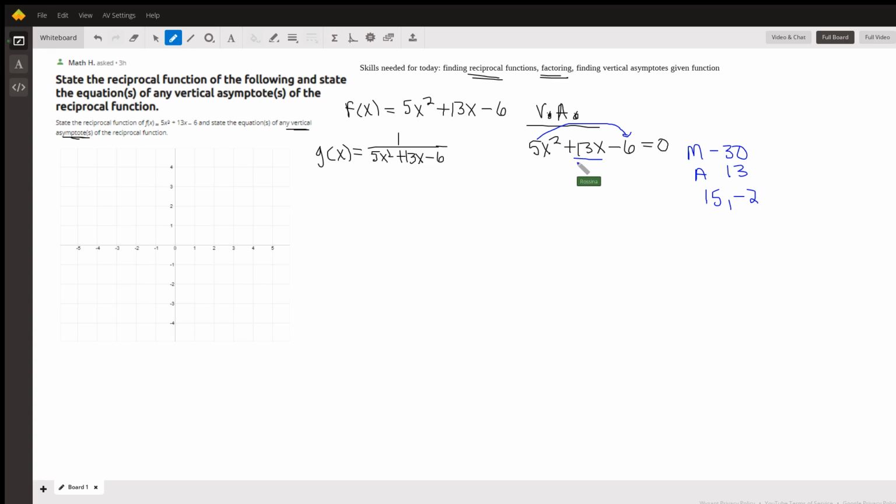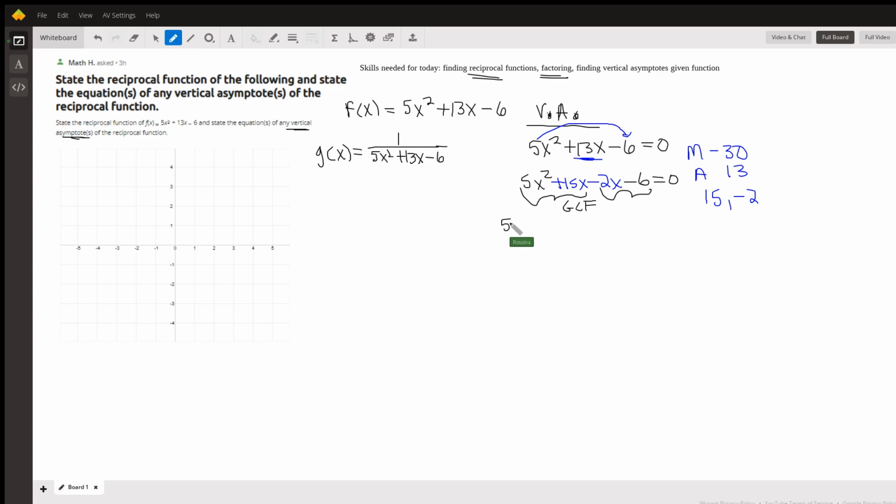We're going to rewrite this 13x as plus 15x minus 2x. And I'll bring the rest of the problem down, 5x squared minus 6. So we just really rewrote that middle term with these two. If you think about it, 15x minus 2x is 13x. Then we're going to take each group and do a GCF factoring, greatest common factor.